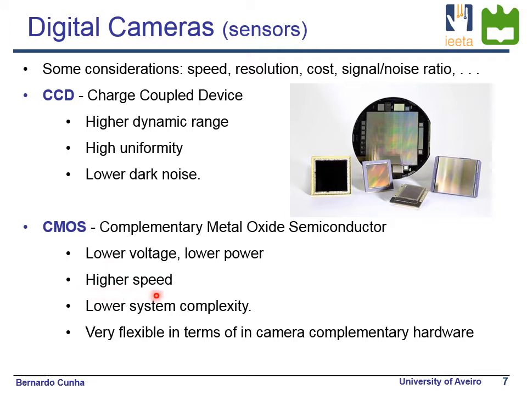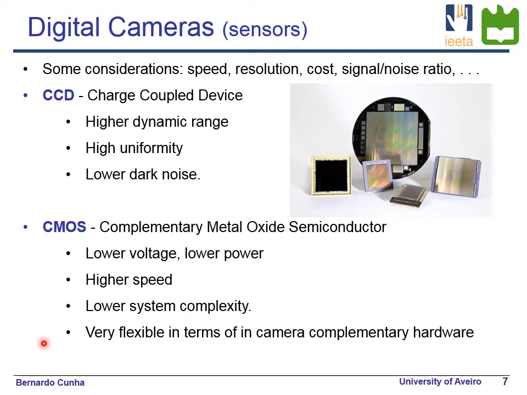It can allow you also a higher speed in terms of acquisition and transference of information than you can get from CCDs. The complexity of the system itself that lies behind the scene of the sensor is also much lower in the case of CMOS than in the case of CCD.